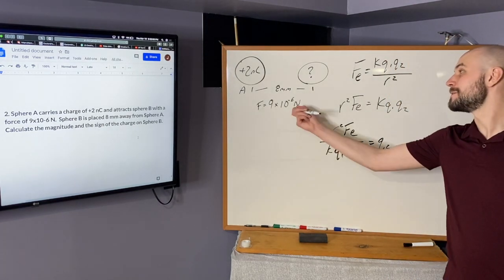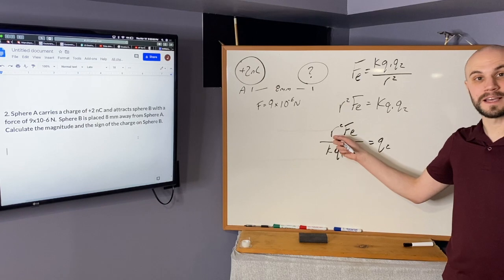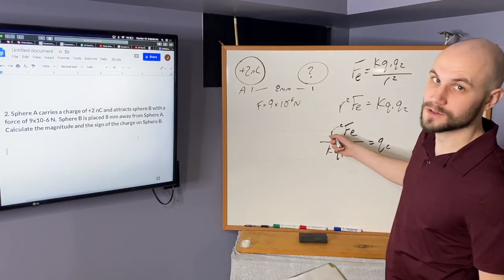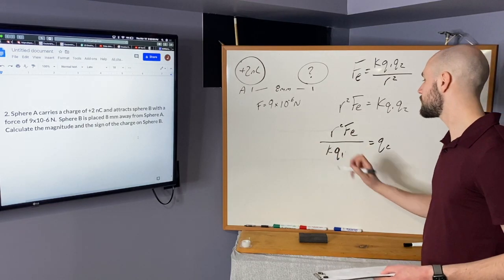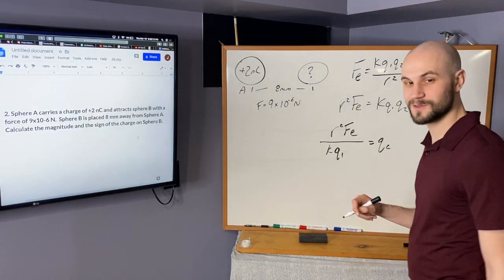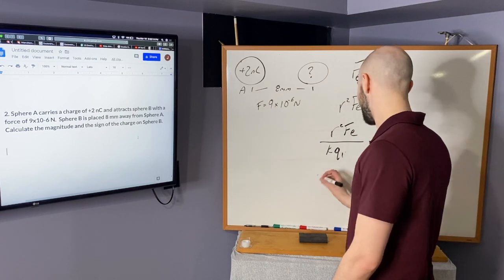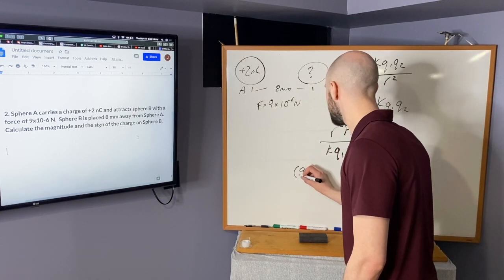Now we can plug in what we know. We know that the charges are 8 millimeters apart. Again, you want to convert back to your standard SI units. We know the force between them. We know K from the reference table, and we know Q1. So the charges are placed 8 millimeters away.